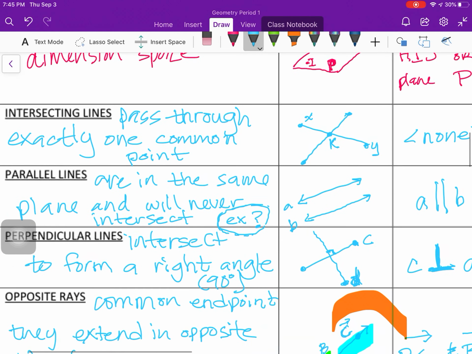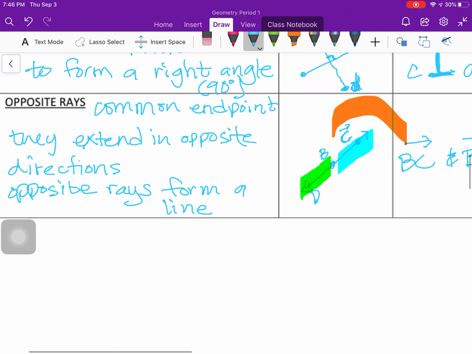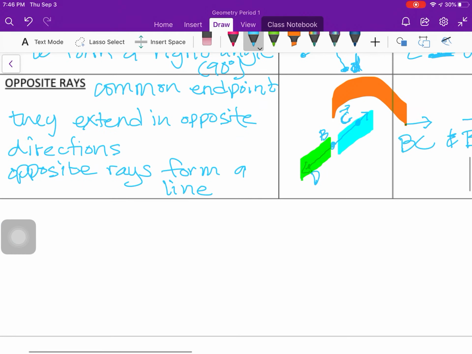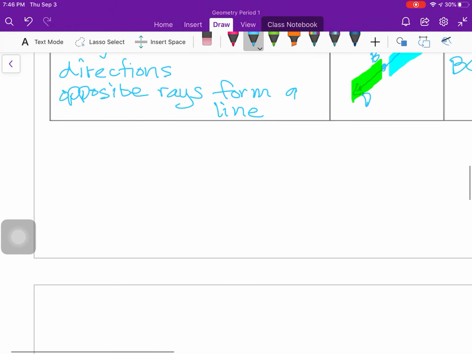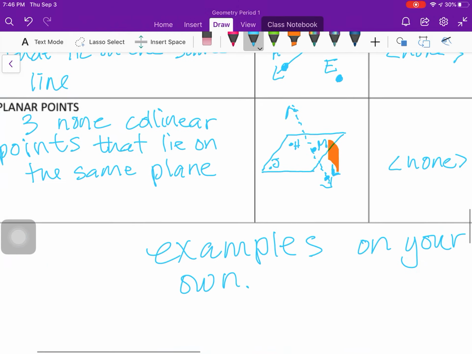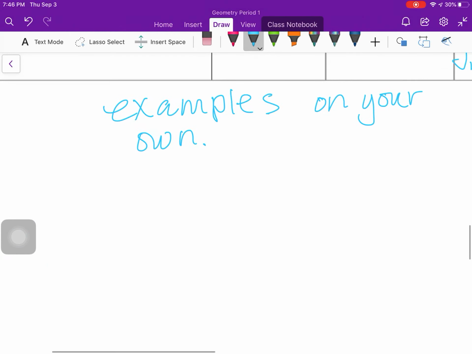Oh, and in order, I'm sorry, I should have said this. In order to get points for your notes, part of them are going to be making sure that you come up with some examples. So write down your examples.